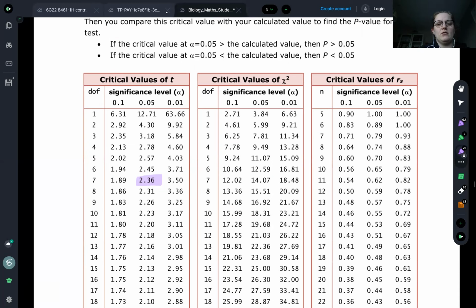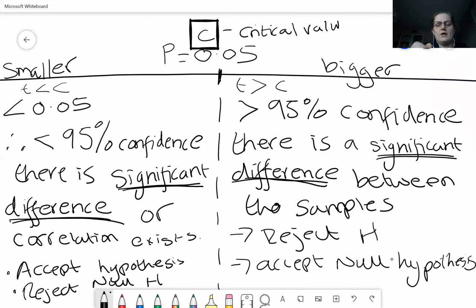Let me show you here. If your t-value is greater than your critical value, then your p-value is less than 0.05.